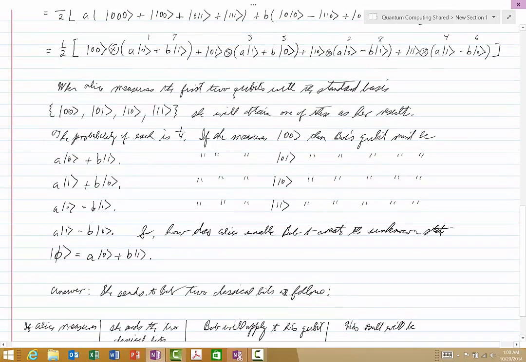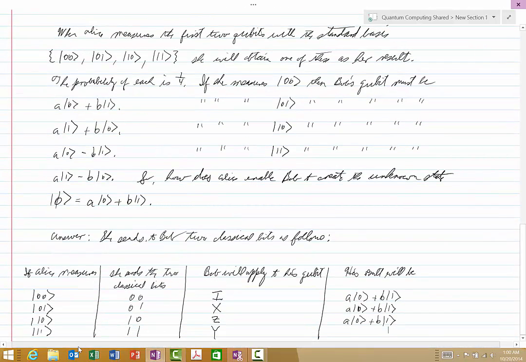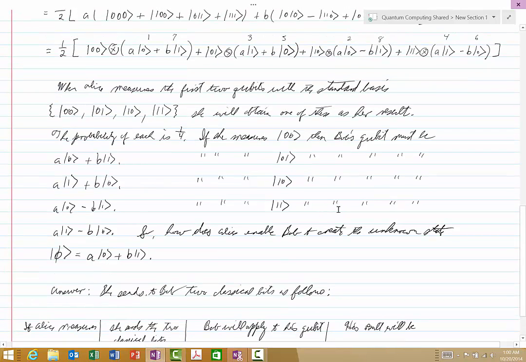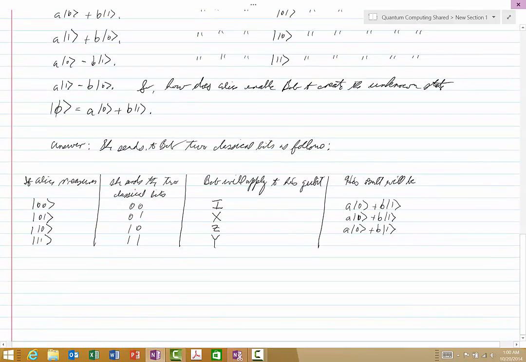Finally, if Alice measures 1,1, that means that Bob's qubit is A1 minus B0, and she will send him the two classical bits 1 and 1, which tell him to apply the transformation Y. Remember that Y sends 0 to -1 and 1 to 0, so this will become A0 plus B1.